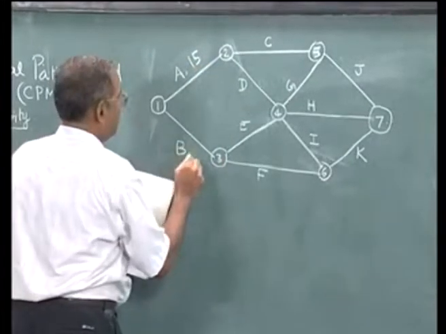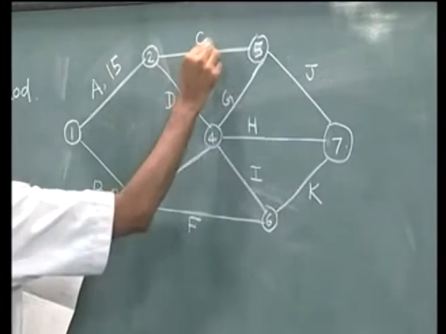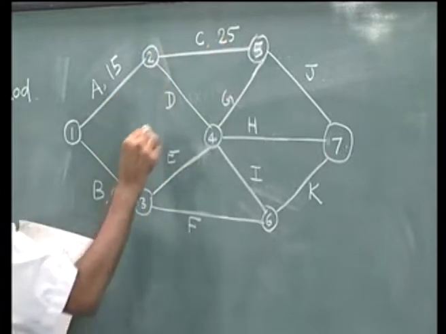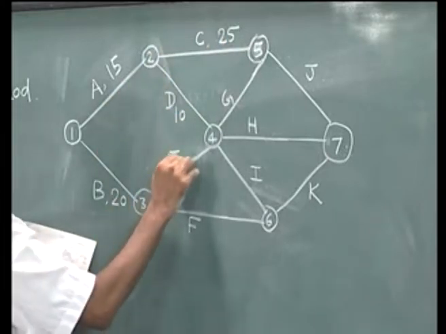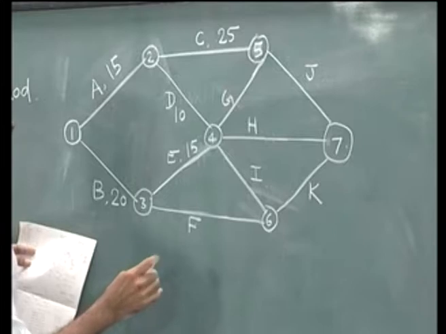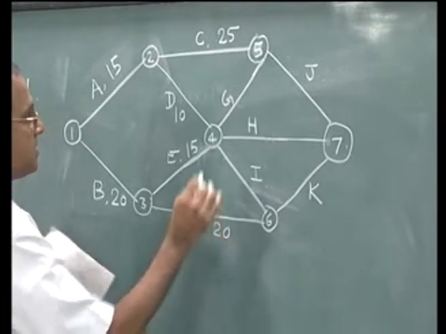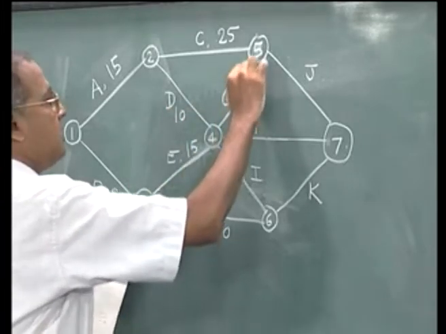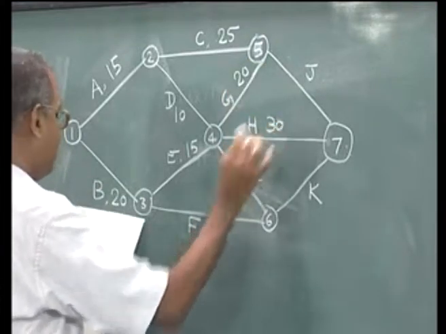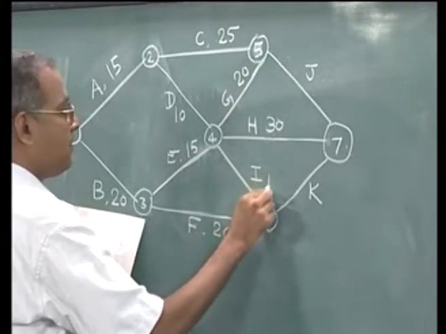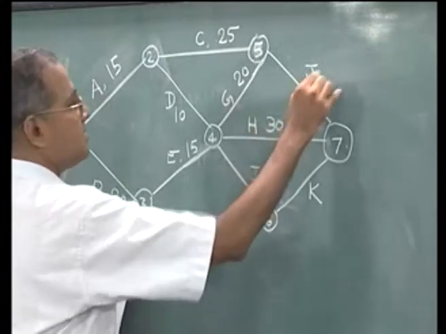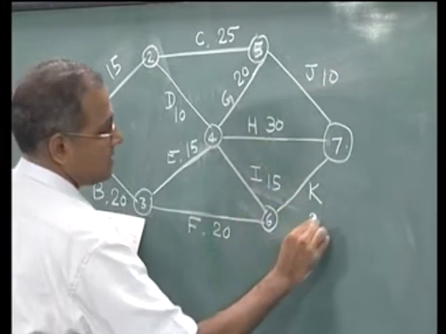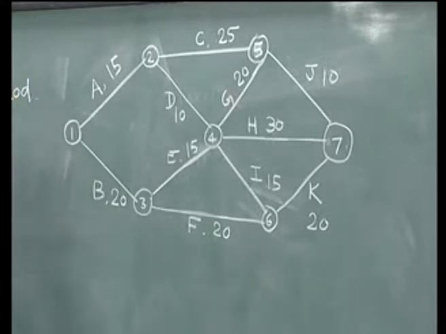A is 15, B is 20, C is 25, D is 10, E is 15, F is 20, G is 20, H is 30, I is 15, J is 10 and K is 20. So, now we have captured the activities, precedence and the duration on this network.